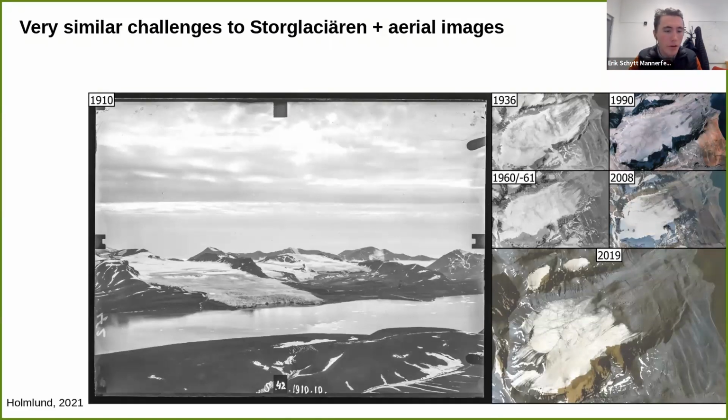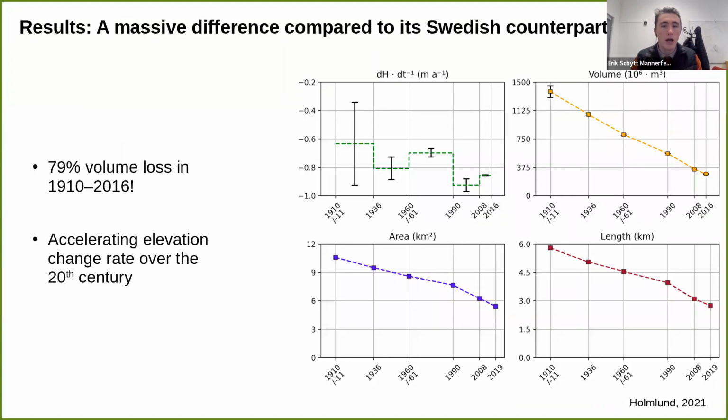Here's an example of one image from Aldegondabren. I also used aerial images from in between to get what kind of happened in many time steps. So jumping to the results here quite quickly, I found a 79% volume loss, going from about 1,400 to something like 350 million cubic meters.